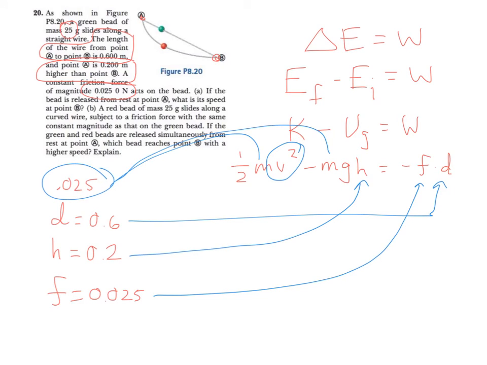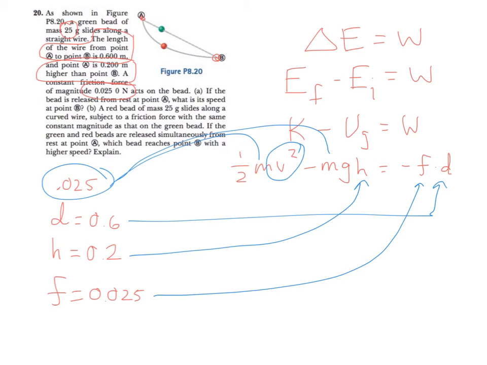So if you think about the red bead, since it's moving on a curved path, the distance it travels has to be larger.